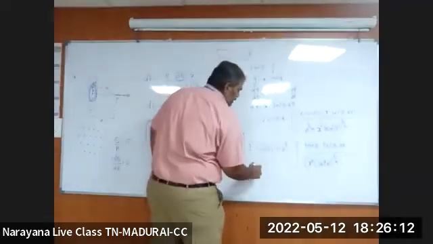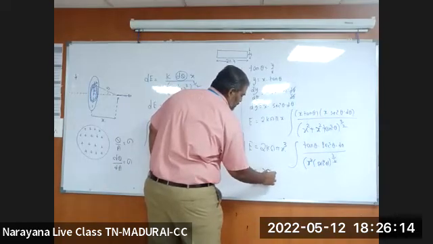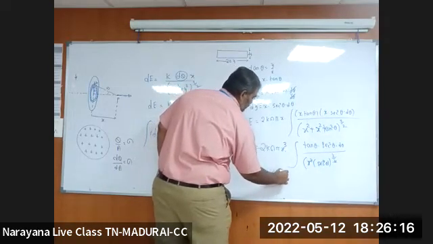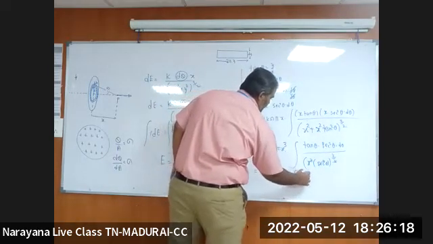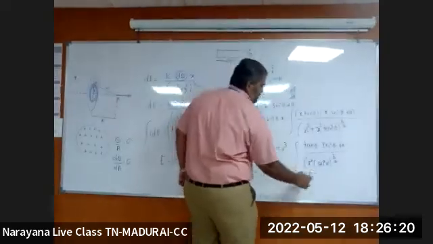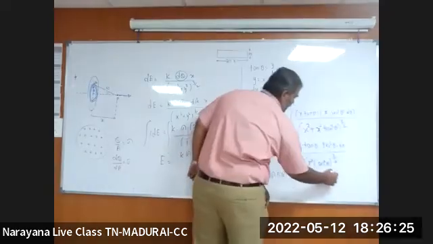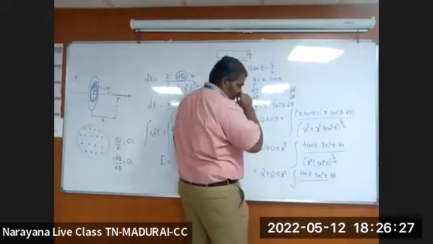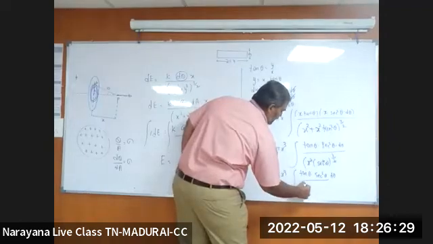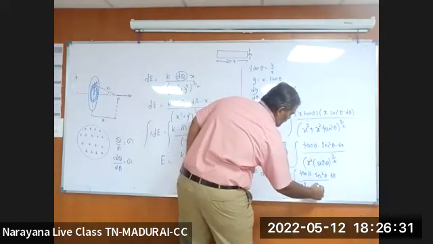And what will happen? E is equal to 2 pi k into sigma into pi into x cube, integration of tan theta into secant square theta d theta, whole divided by x cube secant cube theta. Sorry, I forgot the d theta. x cube secant cube. Very good.